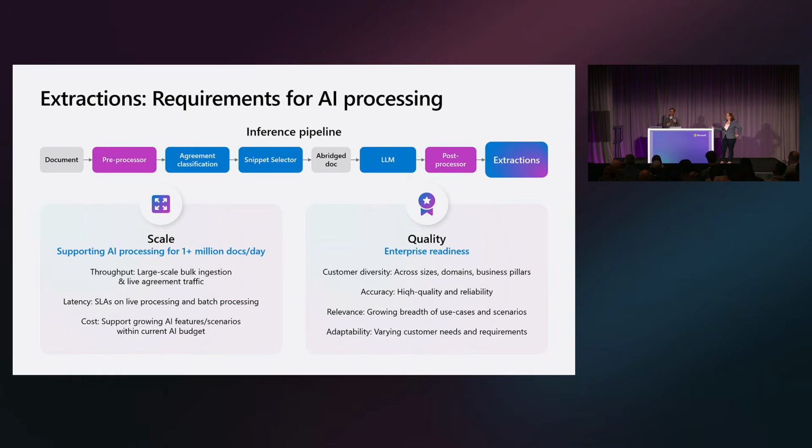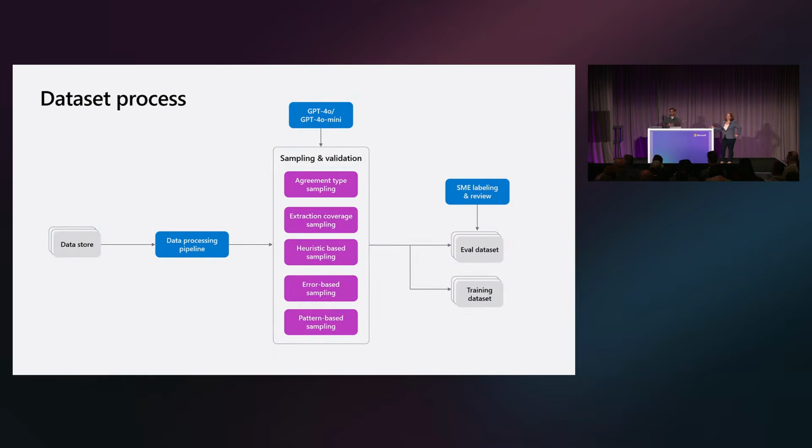But as we wanted to expand the scale and also improve the accuracy even further, we turned towards fine-tuning. And as we saw, data is still needed for fine-tuning, and we built a pretty efficient processing pipeline to ensure we build very representative eval and training sets.